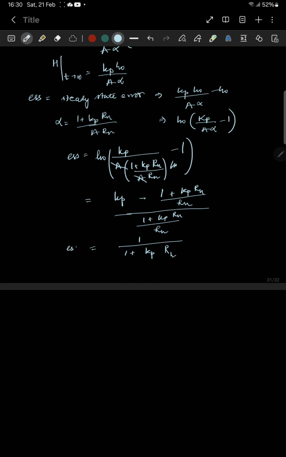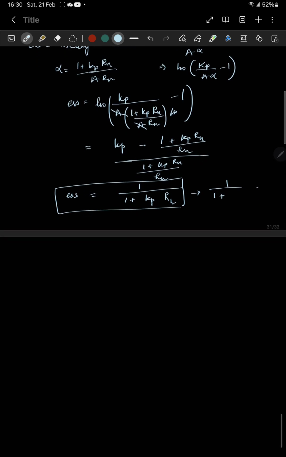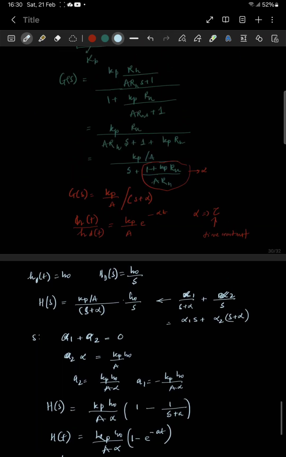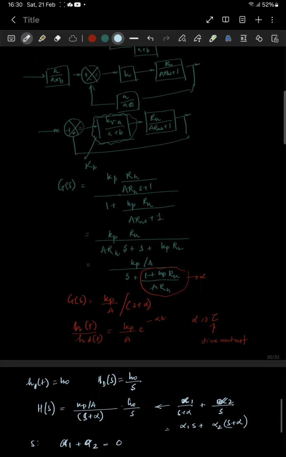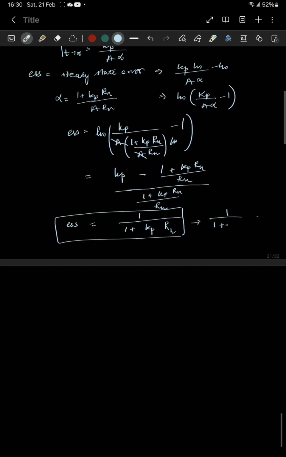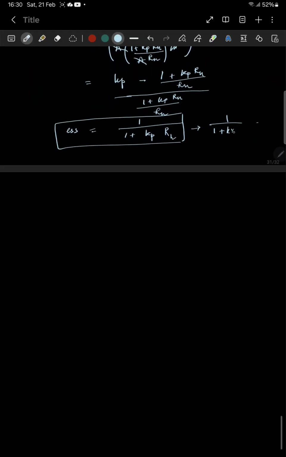So this is the steady state error. You can also write this as 1 by 1 plus Kp, which is Kv a by a plus b. Okay, this is the steady state error.